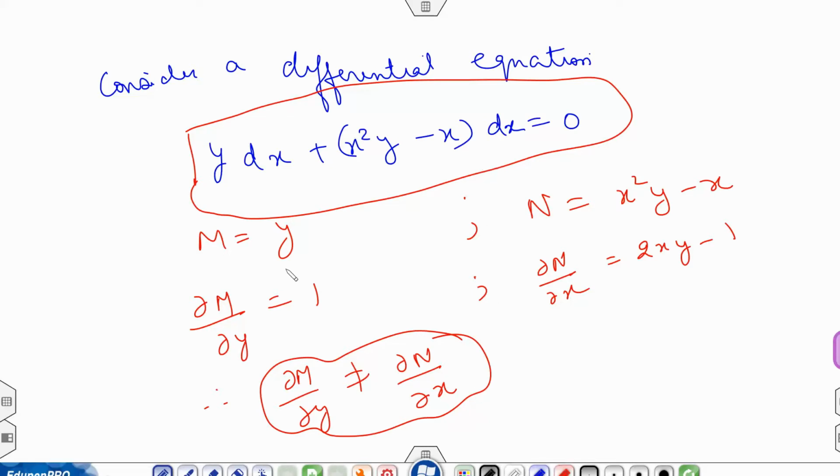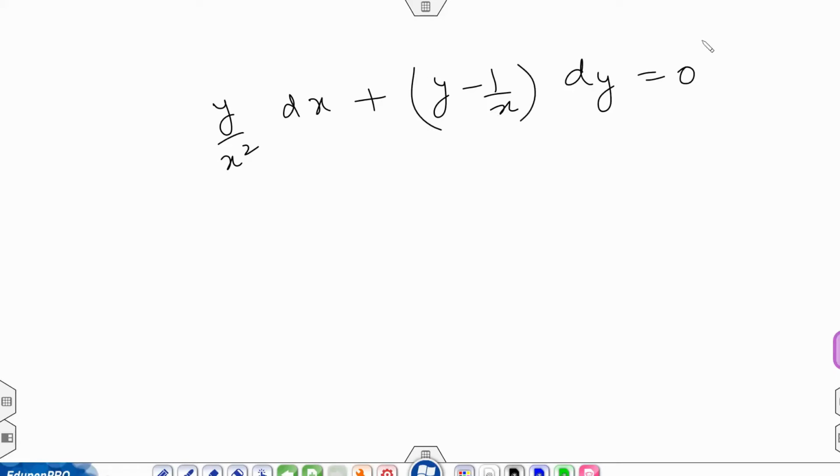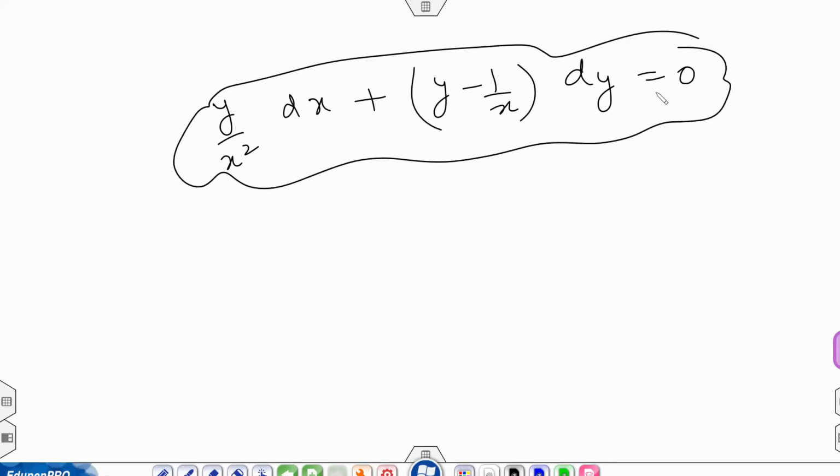But we can make it exact by multiplying it with some function. If I multiply by 1 by x², you will get a differential equation like this: y by x² dx plus (y minus 1 by x) dy equals 0. Now you can check whether it is exact or not. Here M is y by x², and N is y minus 1 by x.